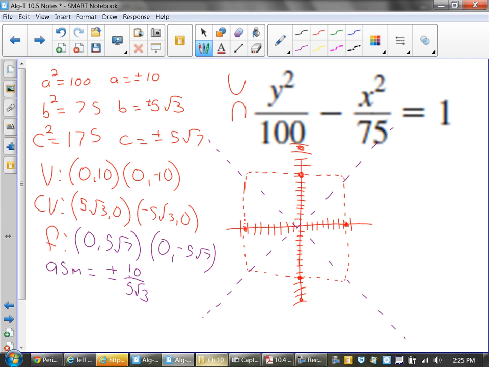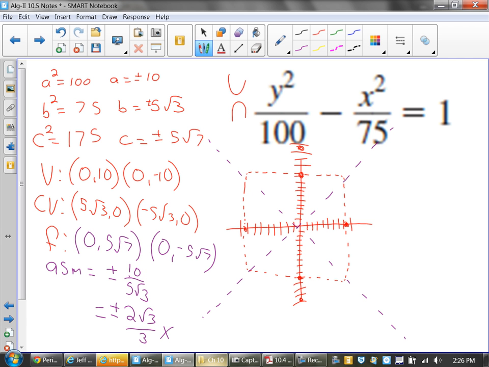So 10 over 5 is what? So this becomes 2 over root 3, which is? You should be able to do that in your head. Very good. Your asymptotes are at plus or minus 2 root 3 over 3 x.